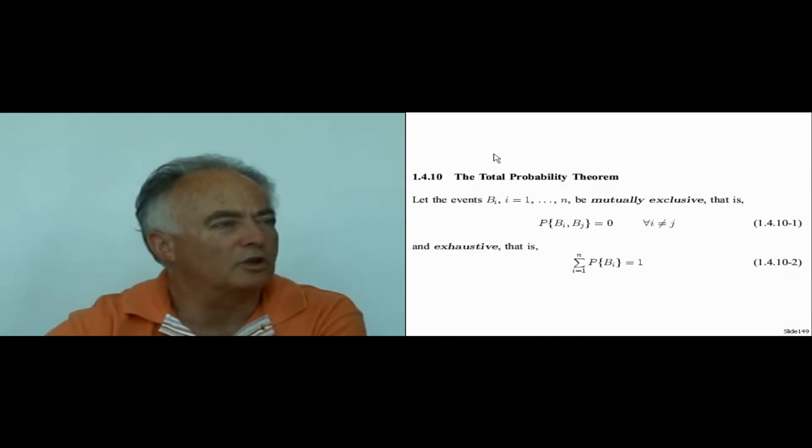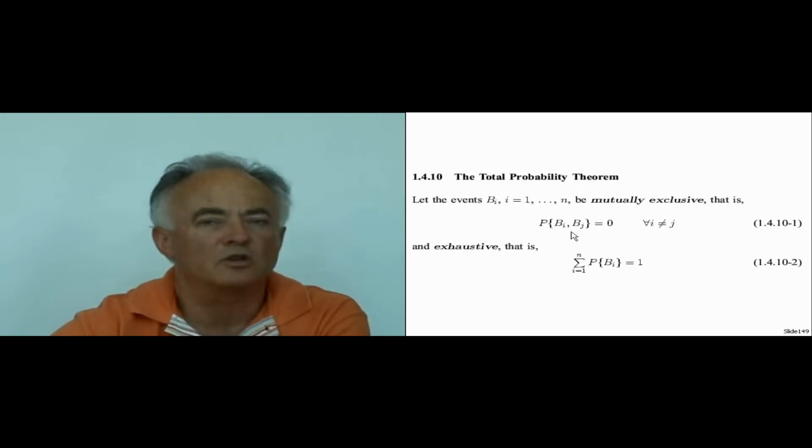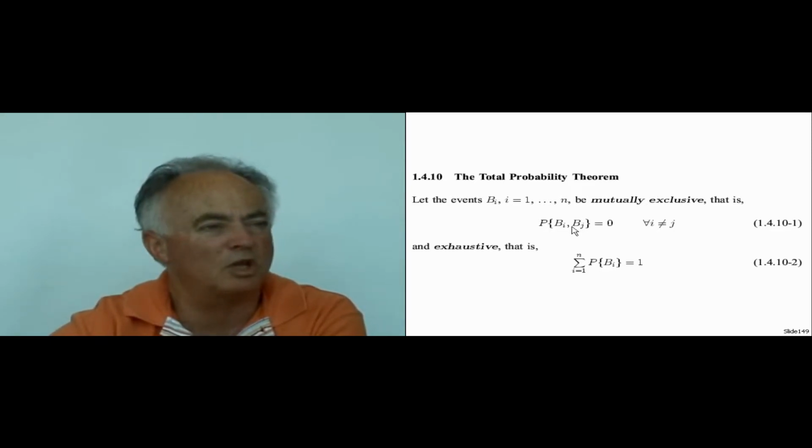Another important result is the total probability theorem. If we have a set of events B_i, with i going from 1 to n, mutually exclusive, namely the joint probability of any pair B_i, B_j for i different than j is 0, and these events are exhaustive, namely the sum of the probabilities of B_i is unity, that's a sure event.